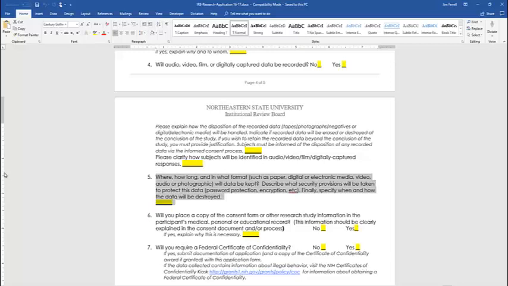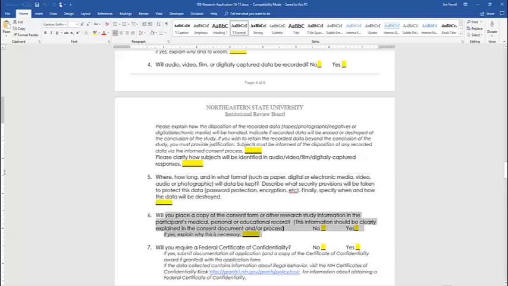And then specify when and how the data are going to be destroyed. Typically this is deleted or shredded, quote unquote, in your drive, or the hard copies will be shredded at the conclusion of the study, or we've seen after a national presentation within a year of the end of the study, that kind of stuff. We just want to see some hardline notes of what is going to happen with the data.